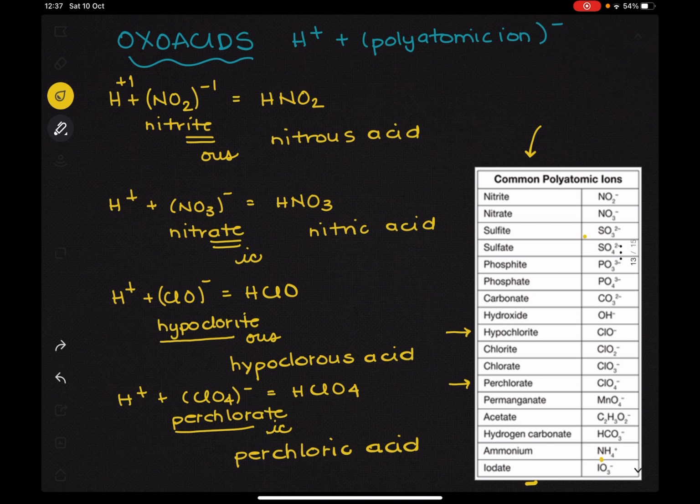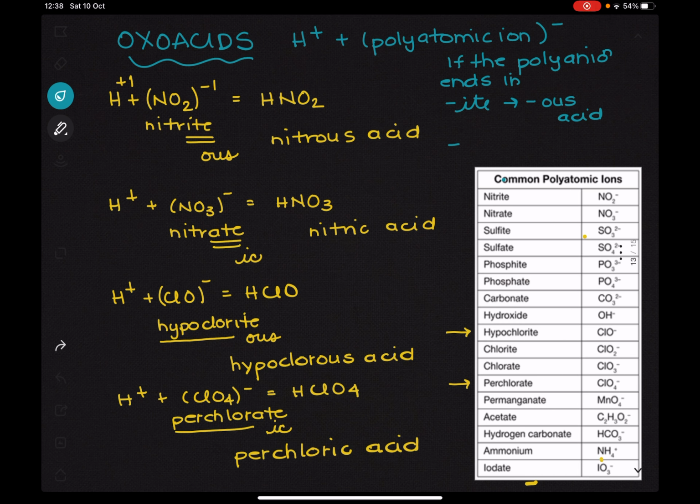If the polyanion, because it's negative, ends in ite, you change it to ous acid.